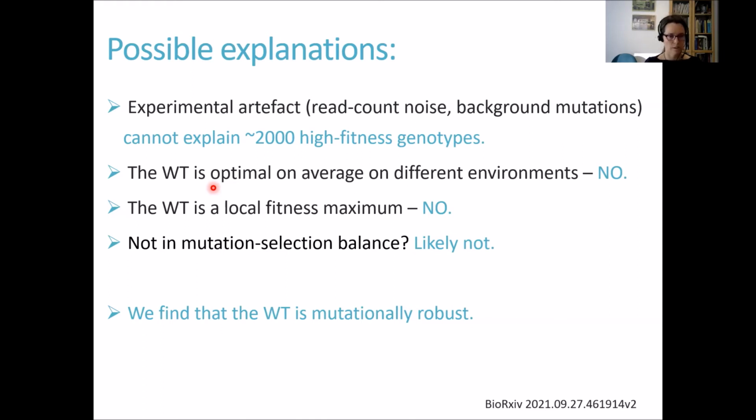This is not the case either. Or maybe the population simply didn't reach mutation selection balance yet. We think this is also not very likely. Instead, what we found is that the wild type is robust to mutations. Okay, so this was just an overview, and now I'll go slowly step by step and show each of these claims and how we tested it.